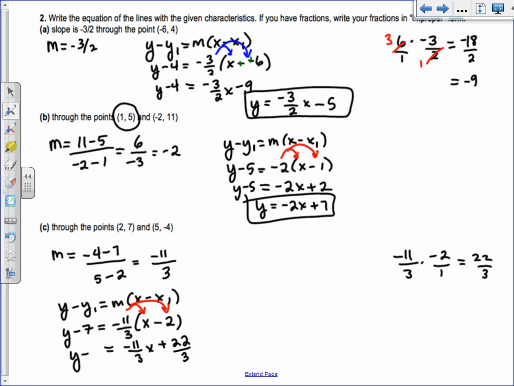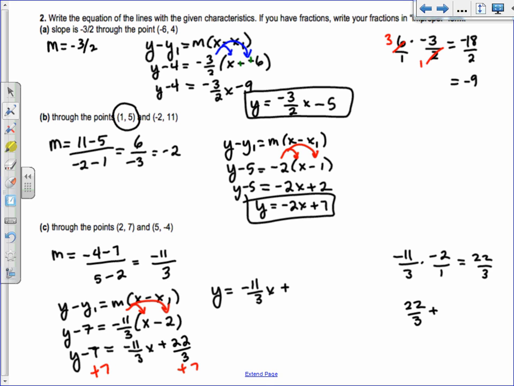All right, last step. We need to add the 7 over. So I'm going to add 7, add 7. So I have negative 11 over 3 x plus 22 over 3 plus 7. Remember I need to get common denominators. So what am I going to rewrite 7 as? 21 over 3, exactly.